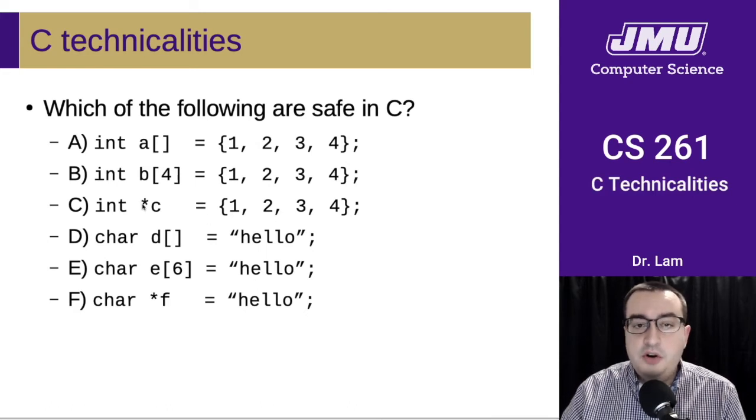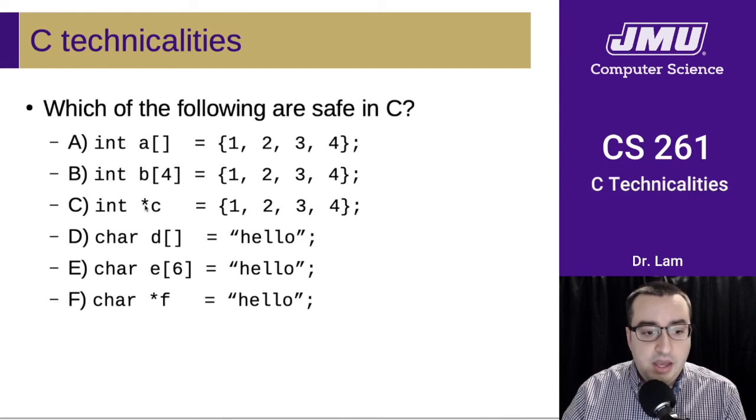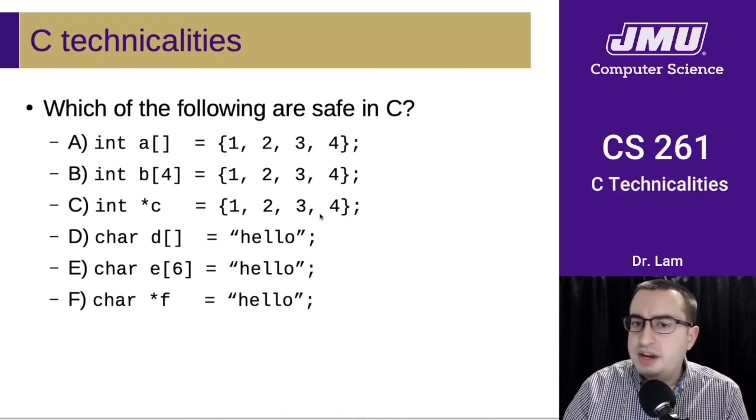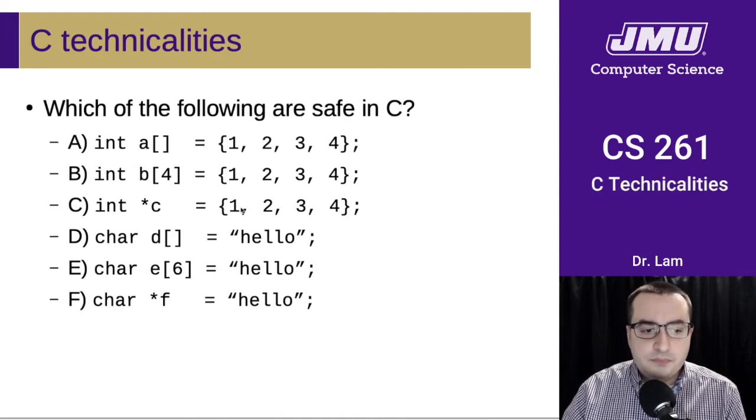Here, because we're creating a pointer, and we're trying to set that pointer equal to something that's an array. And that should feel off to you. That should feel like something that maybe you're not allowed to do, because, where is this array going? What exactly does it mean to assign an array to a pointer?